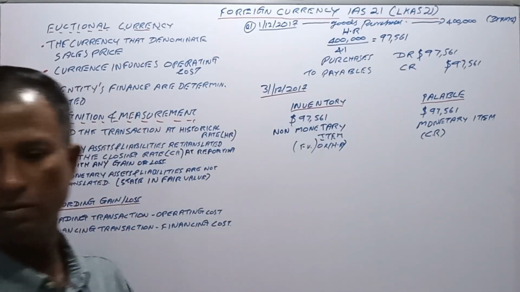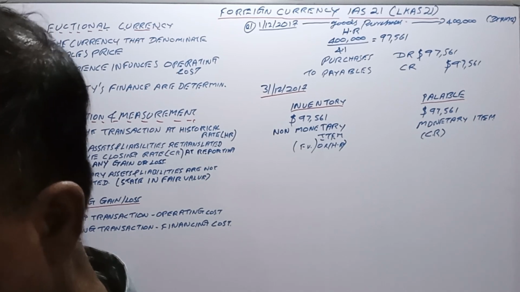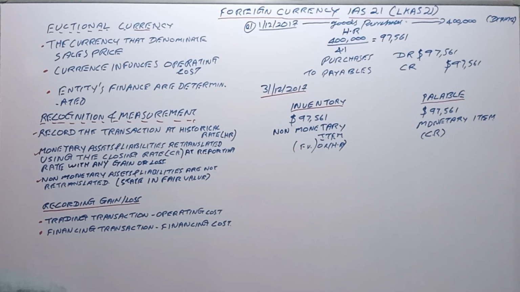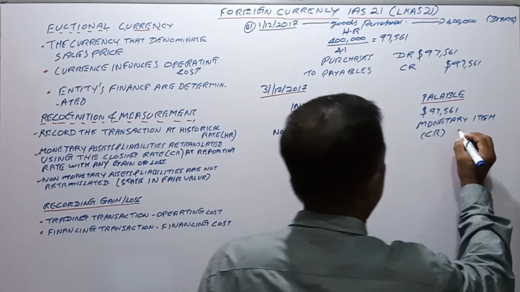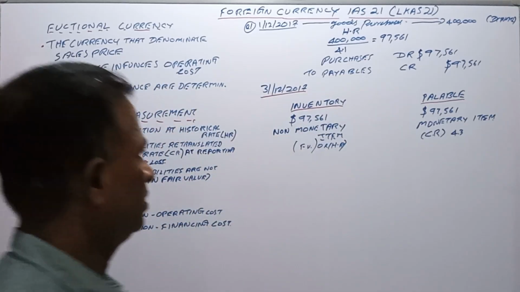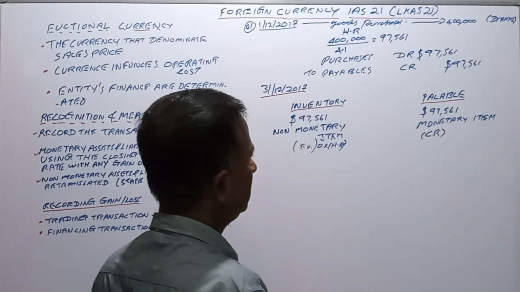In the question, they give 31st December 2017 as the closing date. That is 4.3, right?